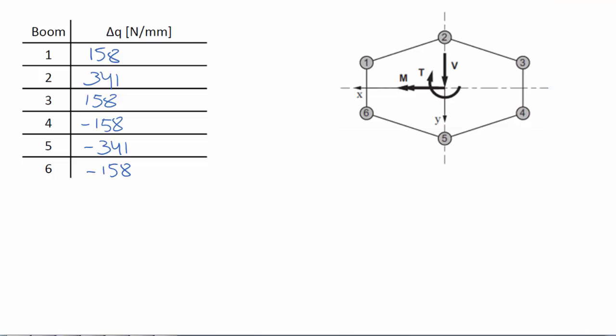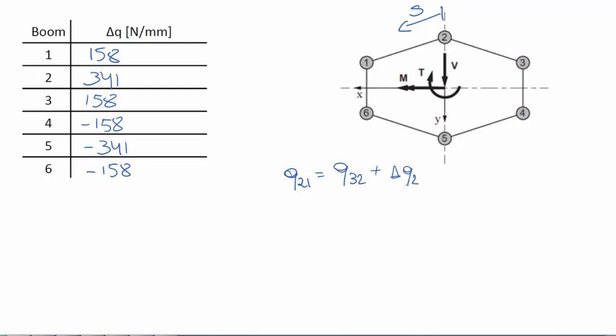I have drawn the section here, and note that I will define a positive S in a counterclockwise direction. Note that it really doesn't matter that much in which way you define your direction. Just be careful that you remember how you defined it and that you are consistent. To start calculating the shear flows, we can start with the complete upper side, where we know that Q21 will be equal to Q32 plus delta Q2.